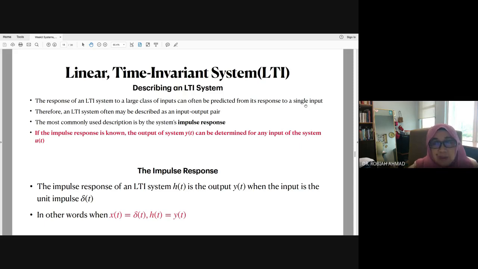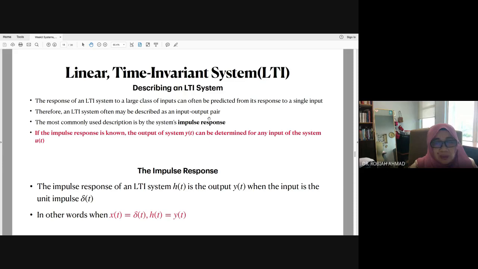Okay, sebab itu sebenarnya, as engineers lah, kita nak tengok how the system behaves whenever any types of inputs that we put into our system. Okay, so therefore an LTI system often may be described as an input-output pair. Okay, sebab kita tengok the relationship between the input and the output. Then kita nak tengok how it behaves.